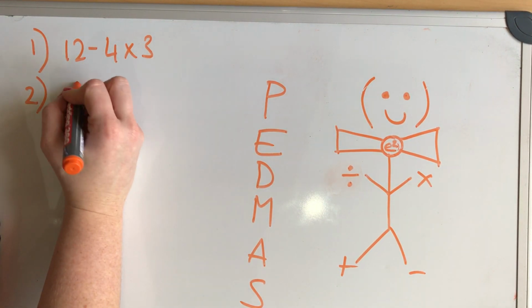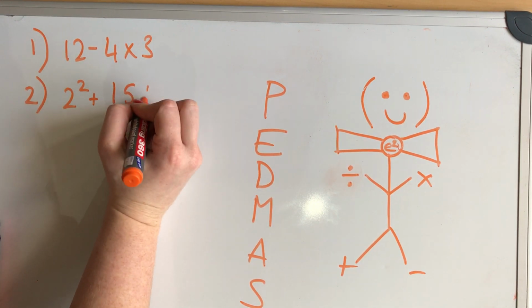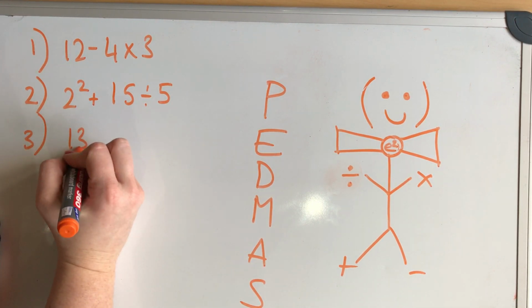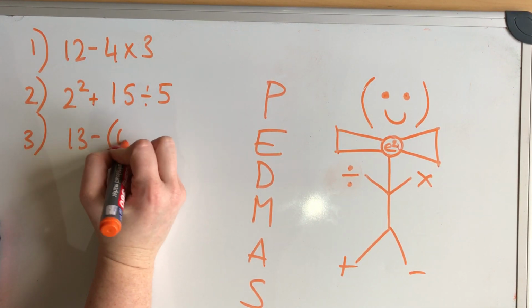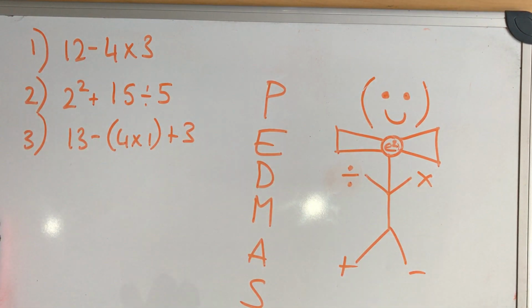Number 2, 2 squared plus 15 divided by 5. And number 3, 13 take away 4 multiplied by 1 plus 3. So pause the video and have a little go at those, and then press play and we'll go through them together.